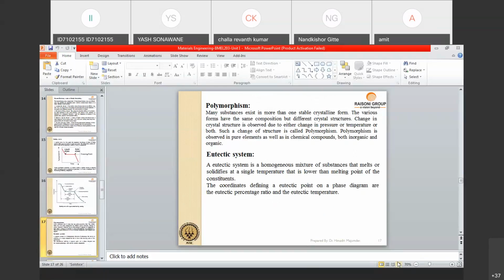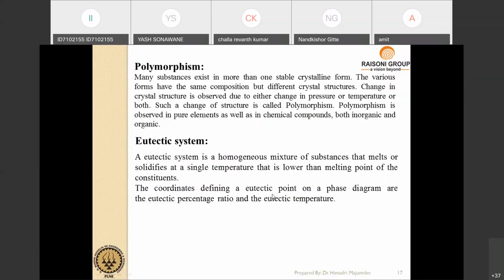Let's go through the next point: eutectic system. What is a eutectic system? A eutectic system is a homogeneous mixture of substances that melts or solidifies at a single temperature that is lower than the melting point of the constituents.